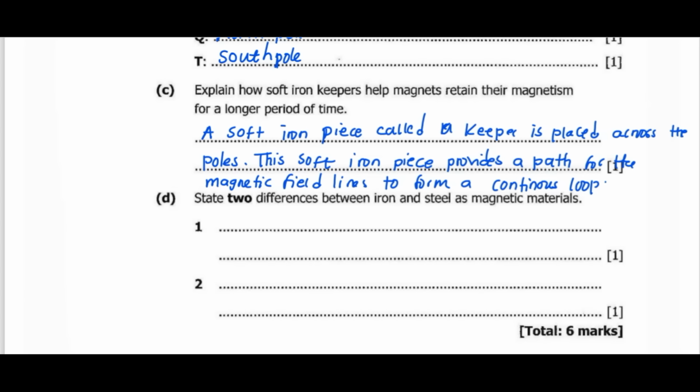Then for question D, state two differences between iron and steel as magnetic materials. So two differences between iron and steel.